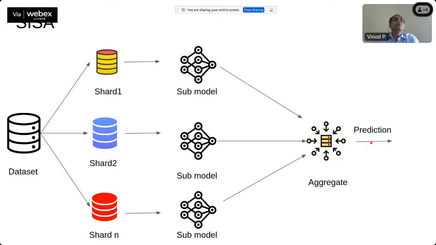So, what is the beauty of SISA? The advantage of SISA is, let us say the sensitive data point corresponding to a user is available in shard number 1. Then what I have to do, being a model developer, is remove the data point from the specific slice and retrain only that particular submodel.